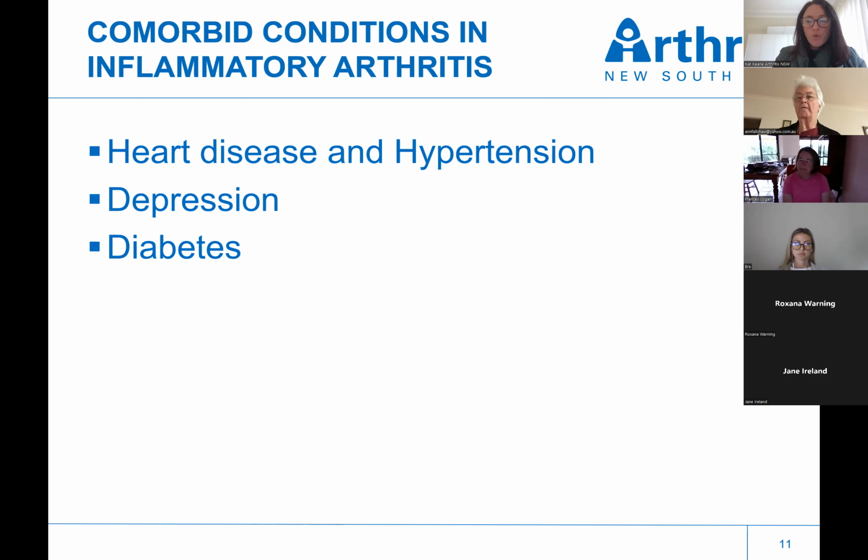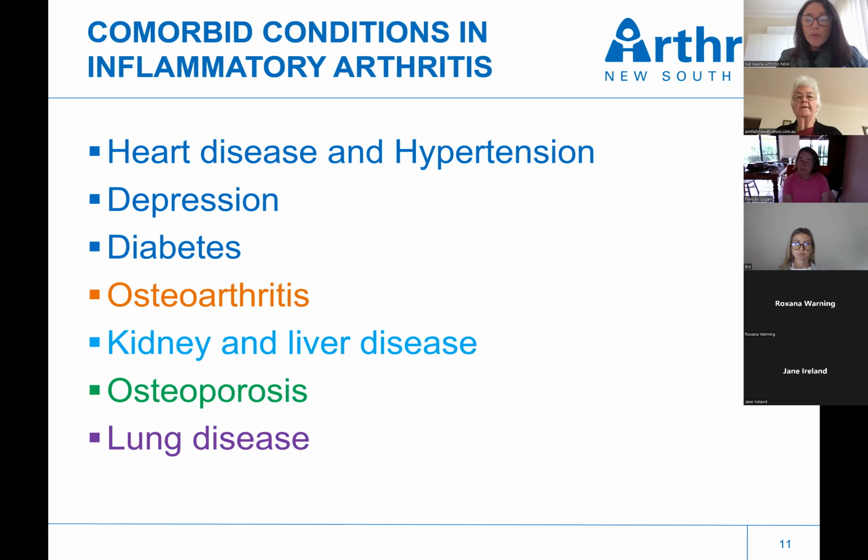But what we did have was that there was often comorbid osteoarthritis. There was also kidney and liver disease, osteoporosis, and also lung disease. So we'll have a talk about why this might be the case. But in a moment, because there's one last thing I'll look at before we look at the medications, because often, not all the time, but often medication may be the driver in some of these other comorbidities.